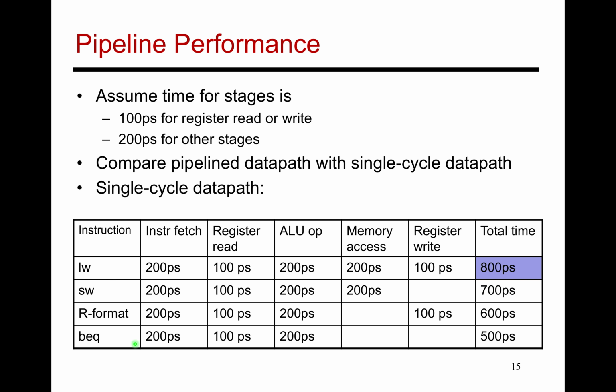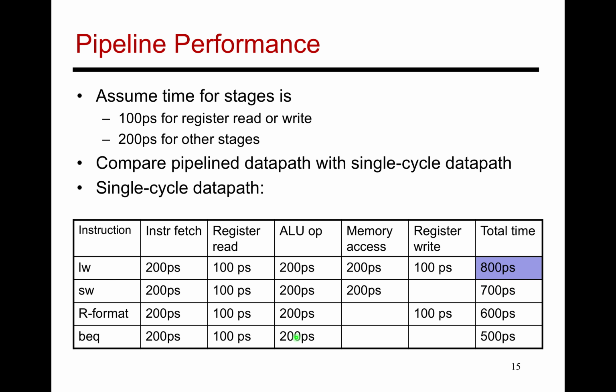Branch equal only takes 500 picoseconds because we fetch the branch equal instruction, we fetch the registers in order to compare them, and we perform the ALU operation to see whether they are equal or not. But notice that we're not paying any time penalty for calculating the target address.